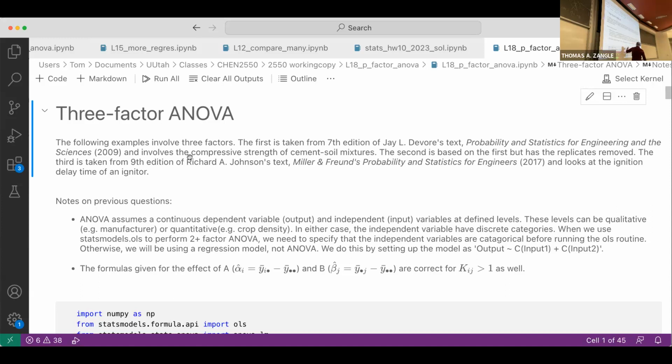But what's beyond the scope of the class is that we can then also define similar expressions for what the impact of those interactions are. That's given in your textbook if you're interested. So there'd be an additional set of expressions for K_ij greater than 1.